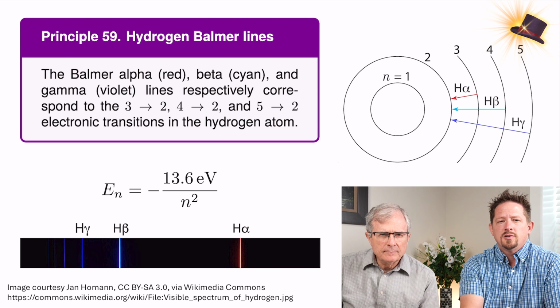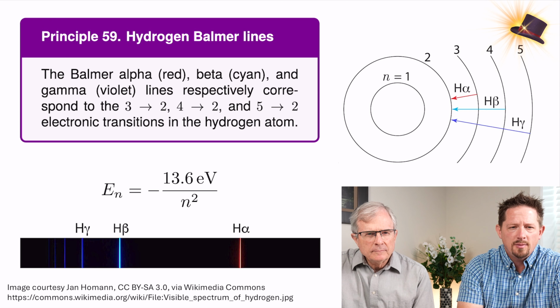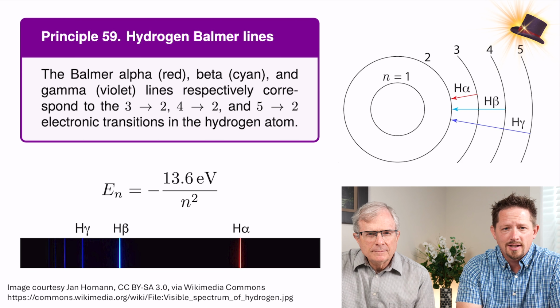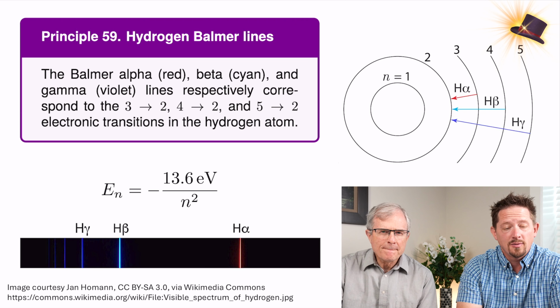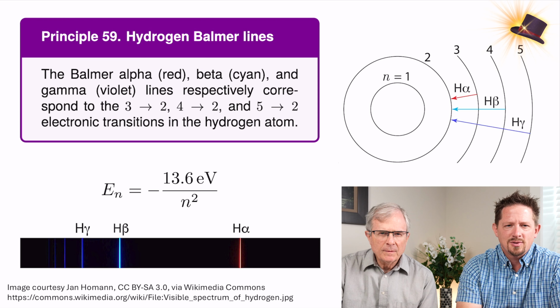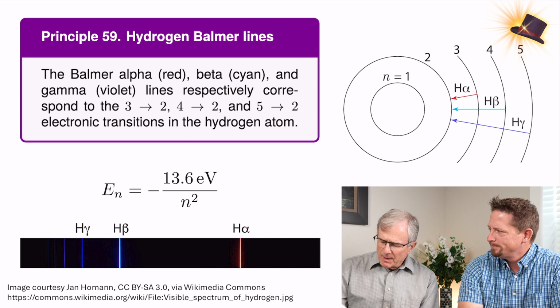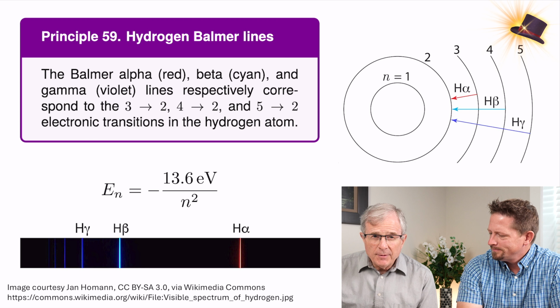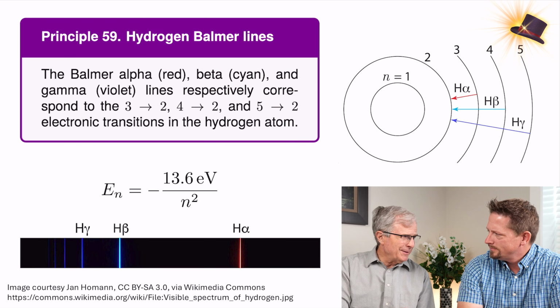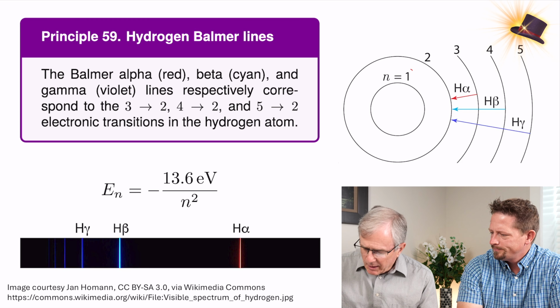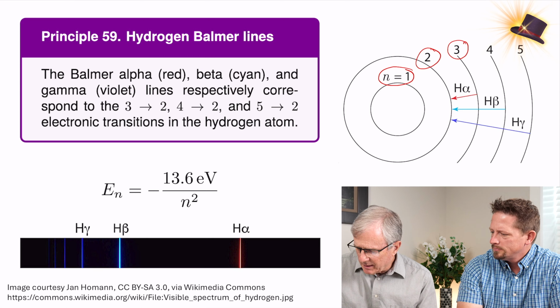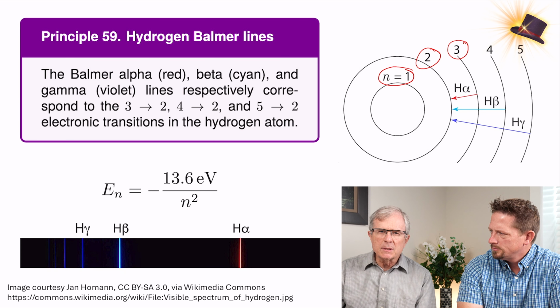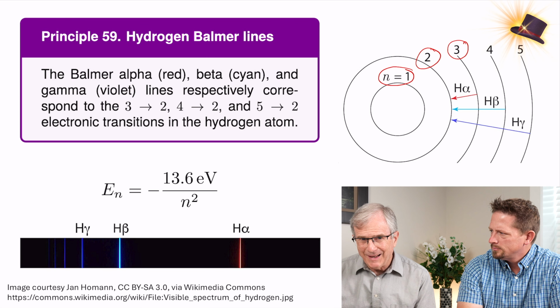Principle 59, hydrogen Balmer lines. The Balmer alpha, beta, and gamma lines respectively correspond to the 3 to 2, 4 to 2, and 5 to 2 electronic transitions in the hydrogen atom. There are different energy levels, like we talked about in the previous video, and for the hydrogen atom, those energy levels are specified by the principal quantum number, n.